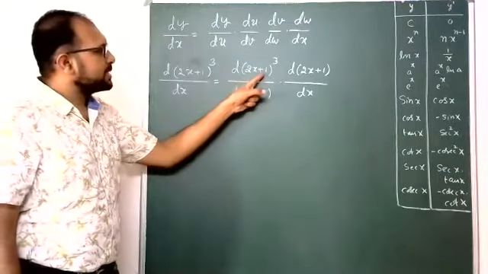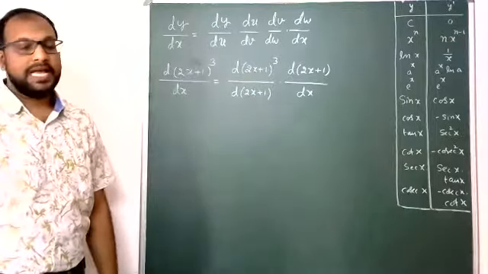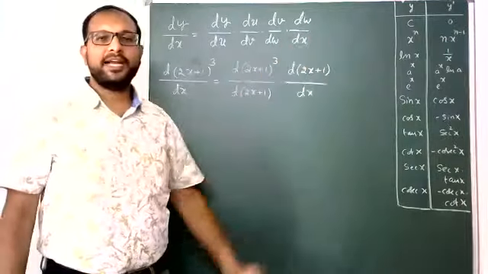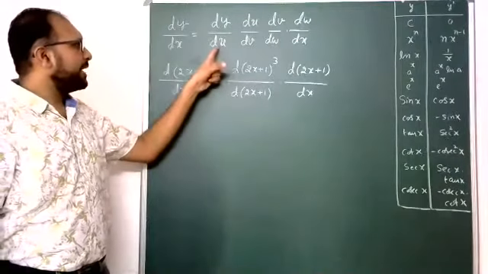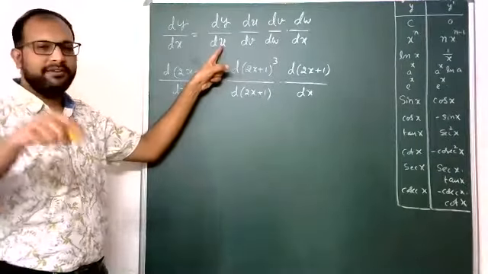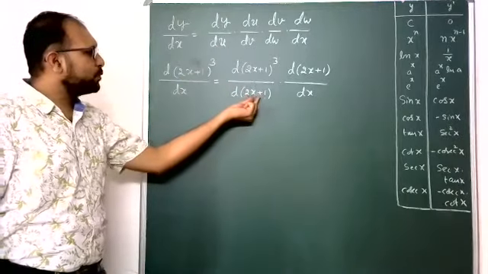So in (2x plus 1) whole cube, 2x plus 1 is again one function. That's why directly the x to the power of n principle can't be used. So here u is nothing but 2x plus 1.